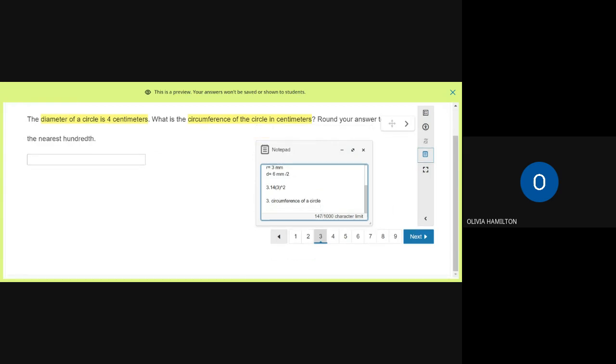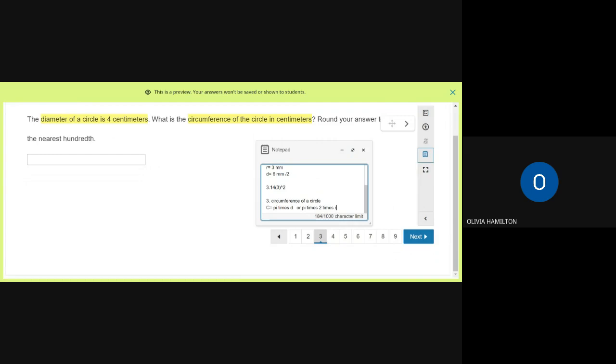Remember, there are 2 of them. We have circumference equals pi times d. And then you have pi times 2 times r.